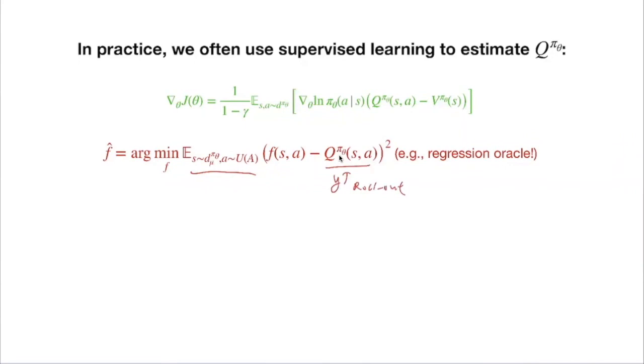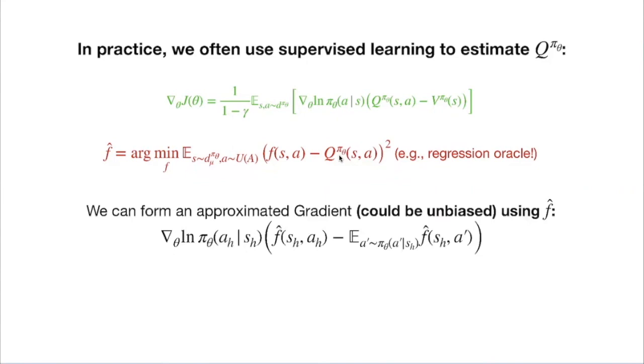So we can essentially fit a function F hat that approximates Q pi theta, and we can do this by regression. Now we can approximate the gradient by just replacing the Q function by our estimate F hat. So this is approximating Q pi theta of S, A, and this is approximating V pi theta of S.